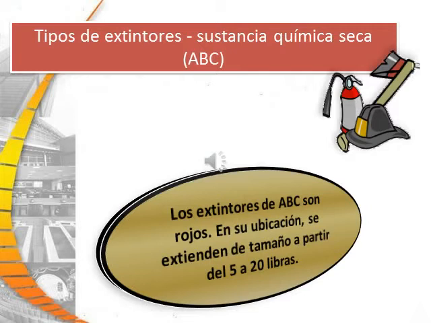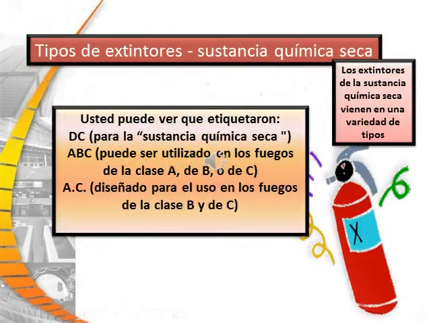Depending on your location, they may range in size from 5 pounds to 20 pounds. They will have a gauge, and they will have fine powder. You may see them labeled DC for dry chemical, ABC for Class A, B, and C fires, or BC, designed for only Class B and Class C fires.